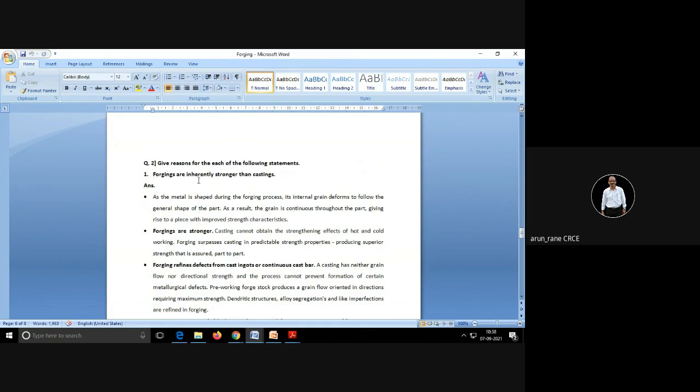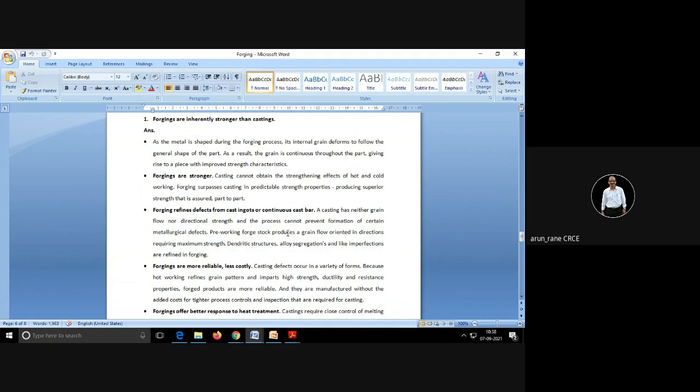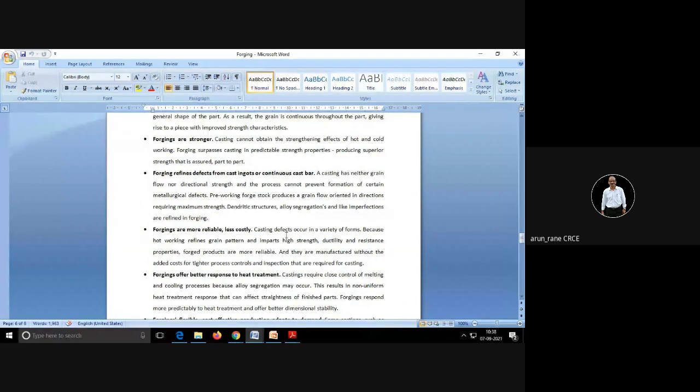Forgings are inherently stronger than castings. It is true, because there is a refinement of the grain and of the microstructure. The grain is continuous throughout the part, so they are more reliable, and they are less costly also. The process is also very fast.